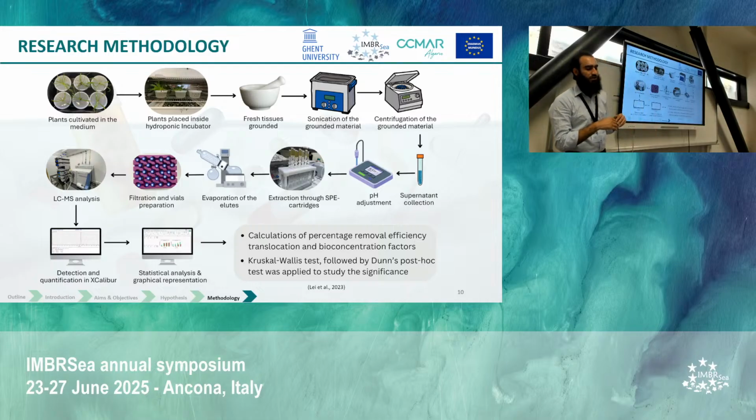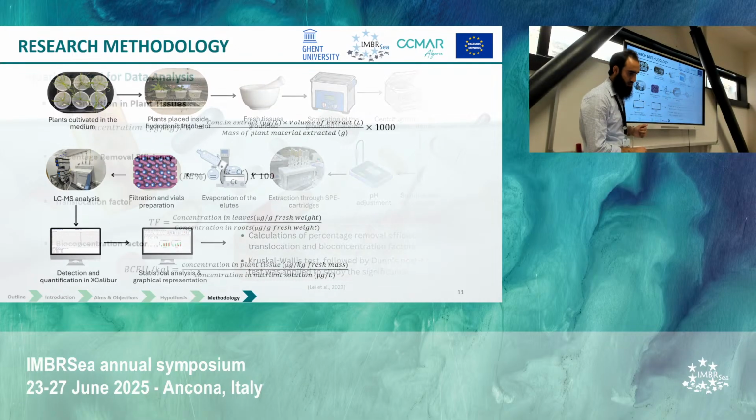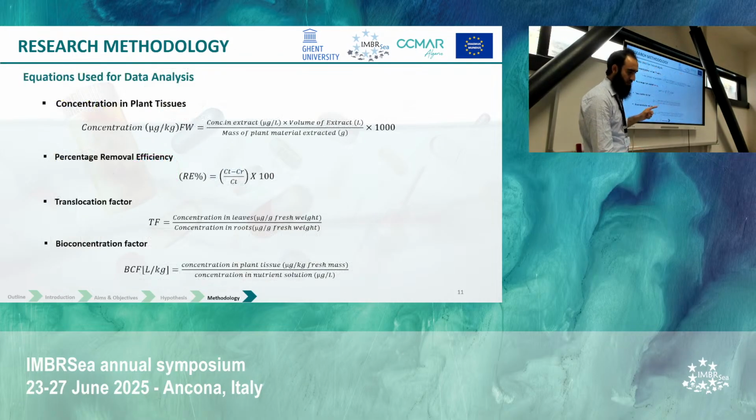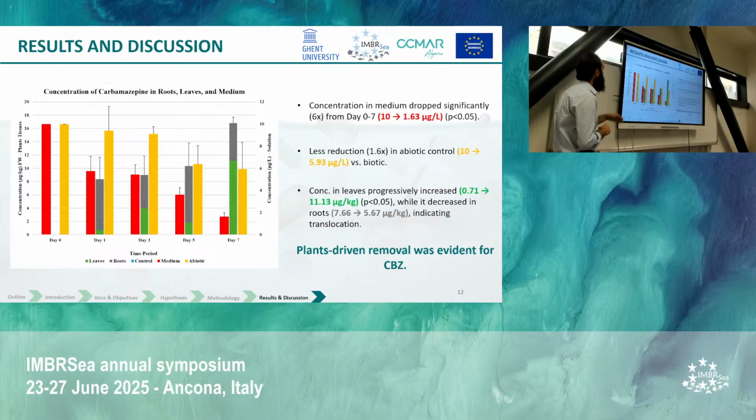After that, I calculated percentage removal efficiency, translocation and bioconcentration factors. They are important factors to understand phytoremediation. And then I performed the Kruskal-Wallis test to study the significance, followed by Dunn's post hoc test to study the significance between the days. So these are the few formulae which I employed during this study, and then I got these results.